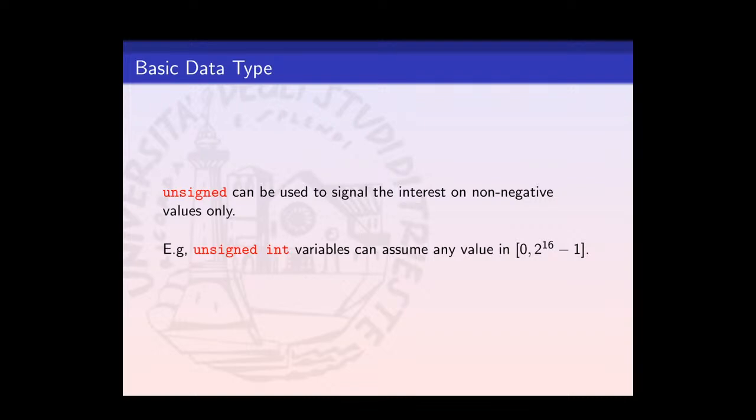The int value for sure contains all the values going from -2 to the power of 15 up to 2 to the power of 15 minus 1. By using unsigned int, I'm getting exclusively natural numbers going from 0 up to 2 to the power of 16 minus 1. So I'm in some sense using the part of the representation used by negative numbers for representing more numbers on the positive side.